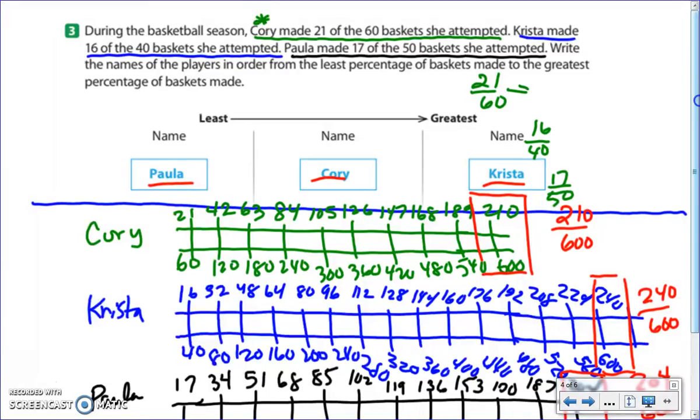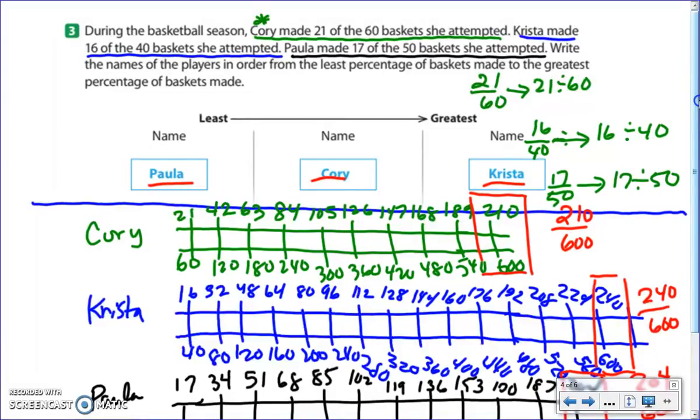If you think of this as 21 divided by 60, and this as 16 divided by 40, and 17 divided by 50.